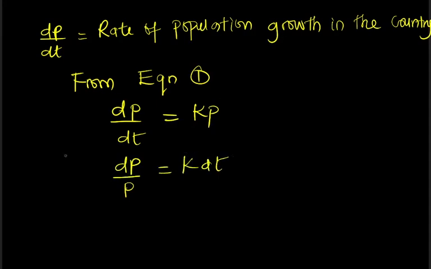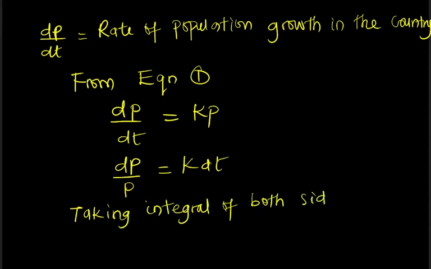By taking the integral of both sides, we will have the integral of dP over P equals the integral of k dt. We are going to integrate this function.